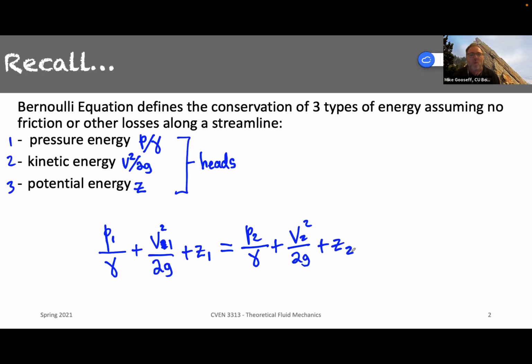So all we're really going for in a lot of these problems that we're going to work through is finding first opportune places to identify some of these locations. So for example, P in the atmosphere is basically equal to 0 because we're working in gauge pressures here.